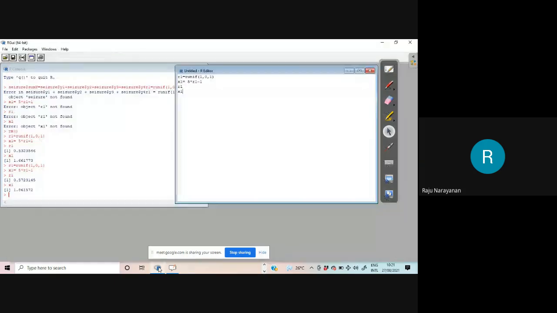You have to use a for loop. Finished. Suppose you want to do 100 numbers: for i in 1 to 100.